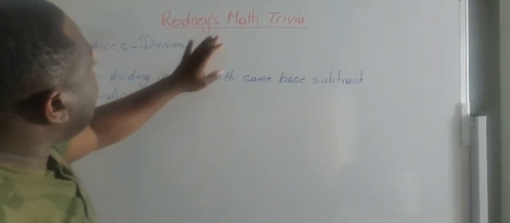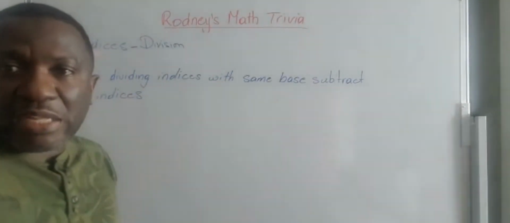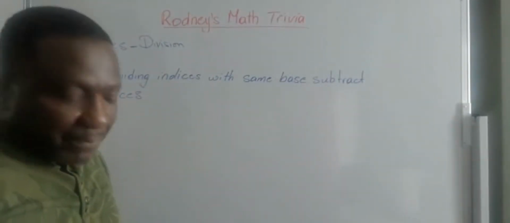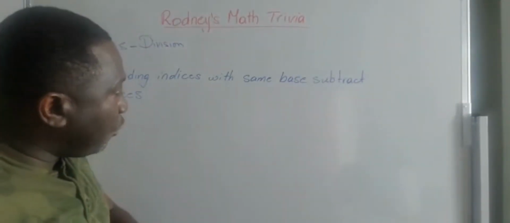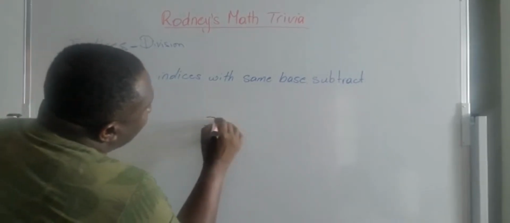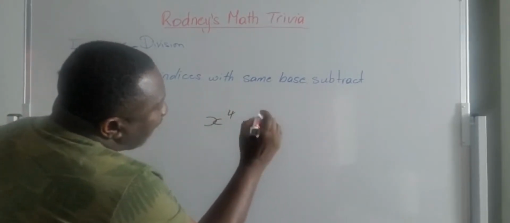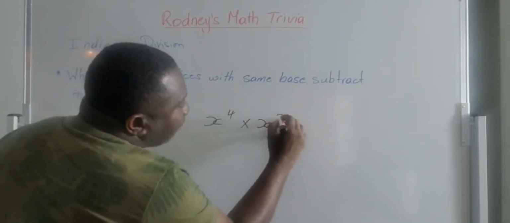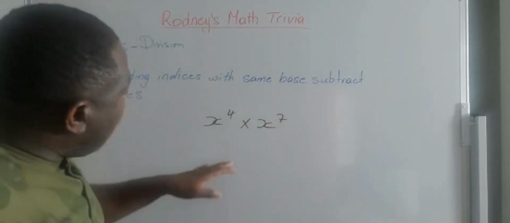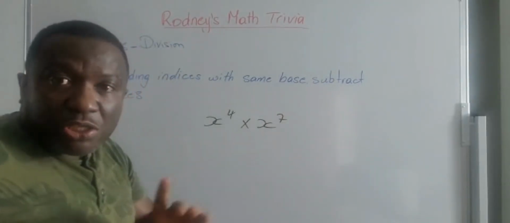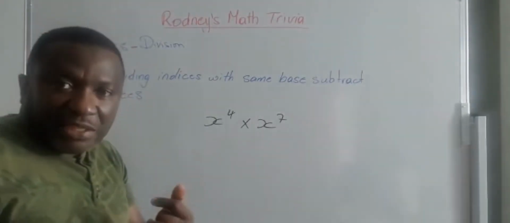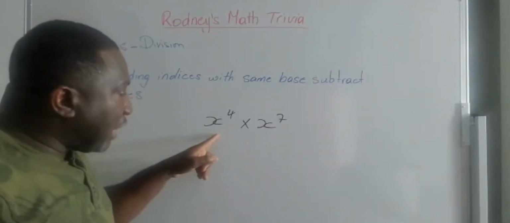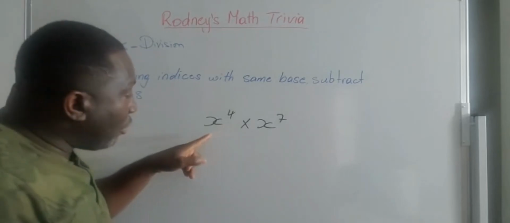In our last lesson, as I said, we looked at multiplication of indices. So just a brief review. x to the 4th is being multiplied by x to the 7th. In multiplication, we said once we are multiplying, first we need to identify whether or not the bases are the same.